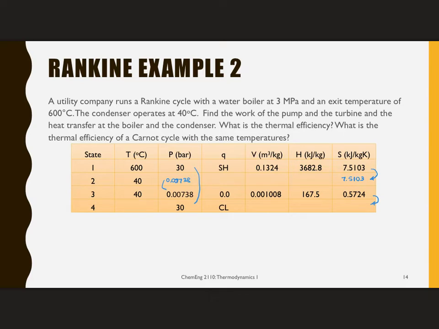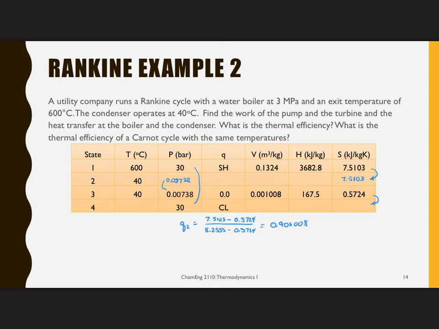And this time again, it's that saturated liquid vapor mixture. If we look up the quality by using the information that we have for saturated liquid and vapor, we end up with a quality of 0.903008.